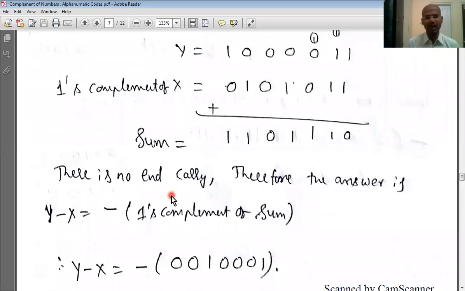The answer is negative, so minus the tens complement of the sum. What is that sum? The sum that you get after adding m with the tens complement of n. That is how we perform subtraction using complements.